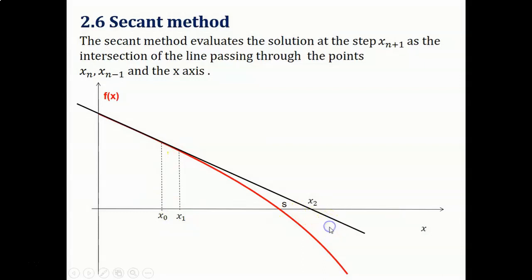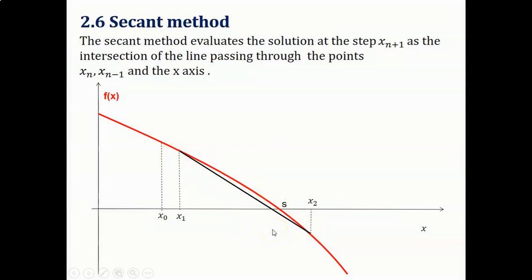And then I get the point x2. And now I construct the line passing through the points x1 and x2 to get the new solution x3. So the solution x3 would be the intersection of the line passing through the points x1 and x2.